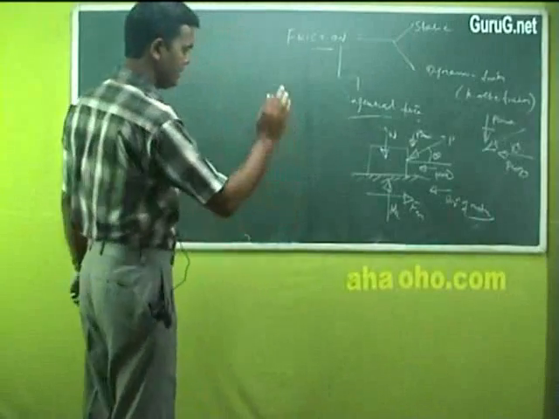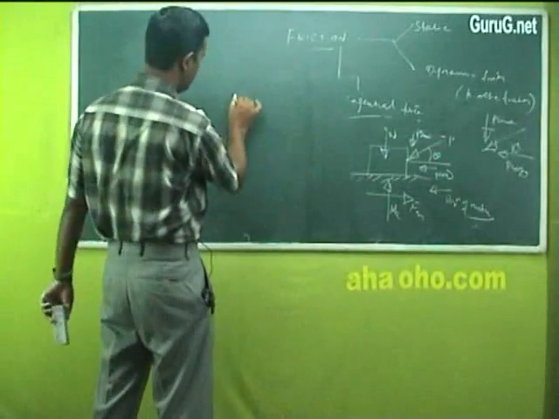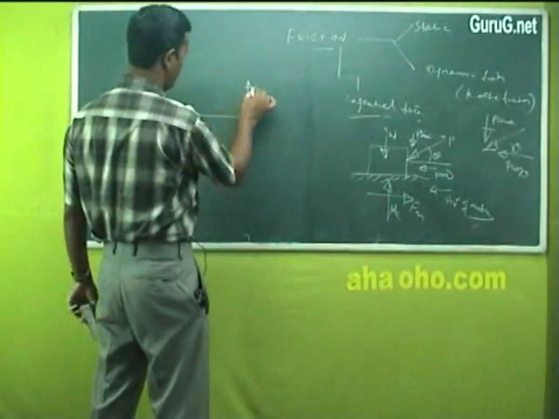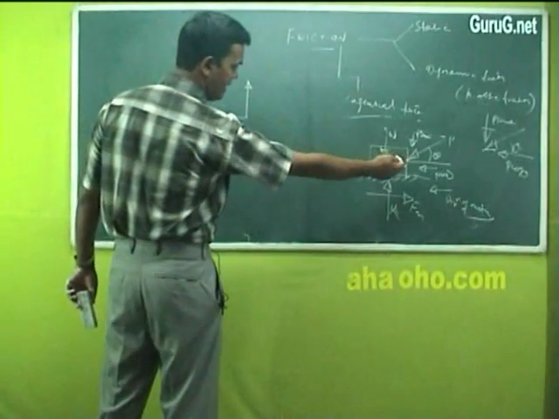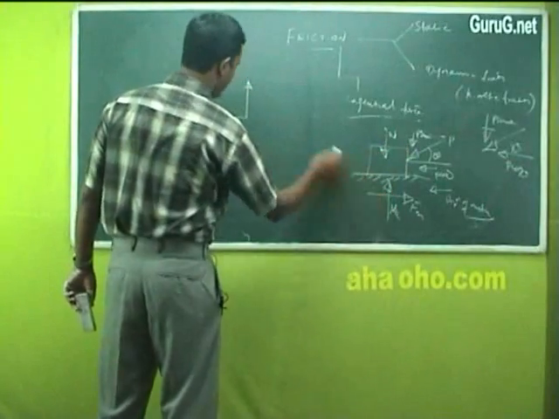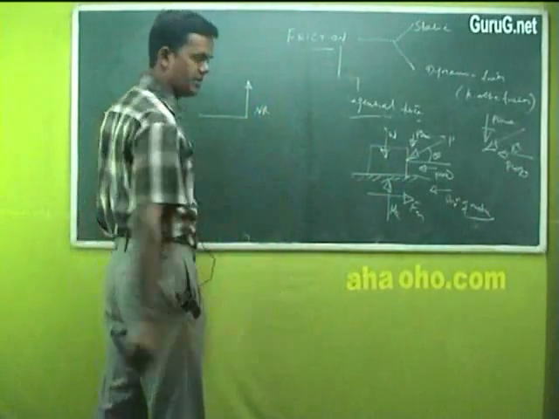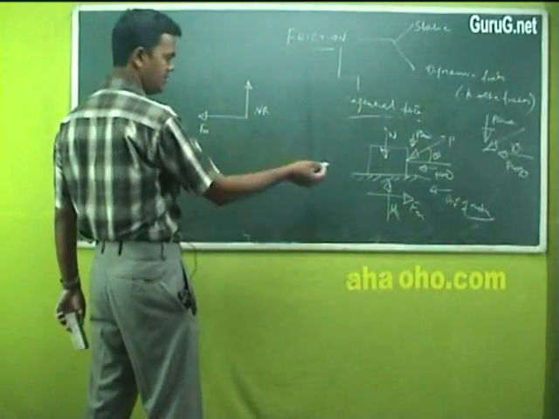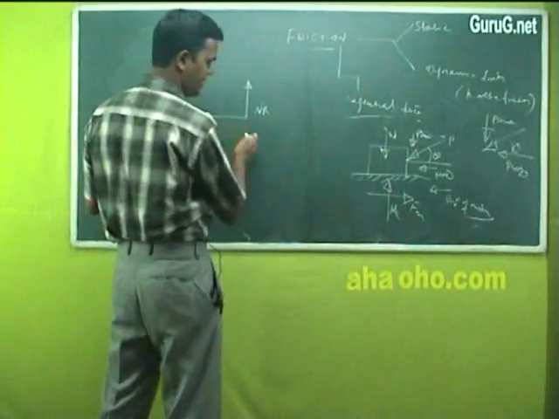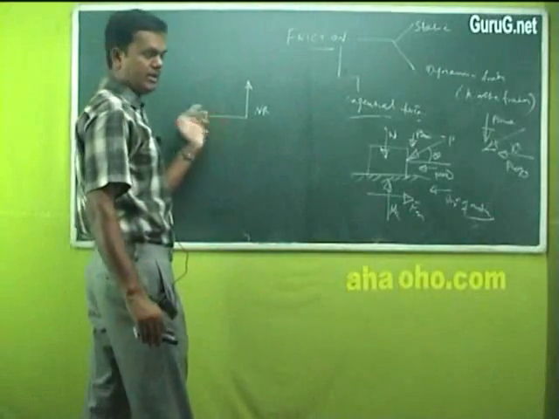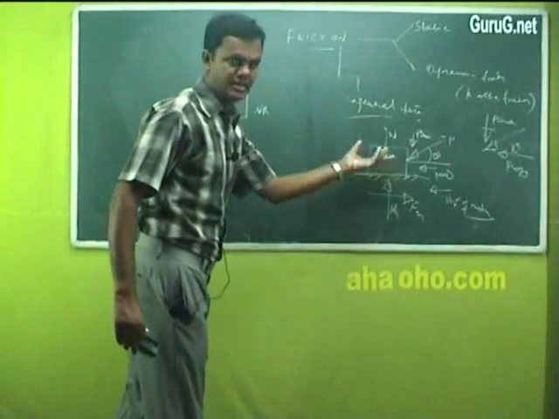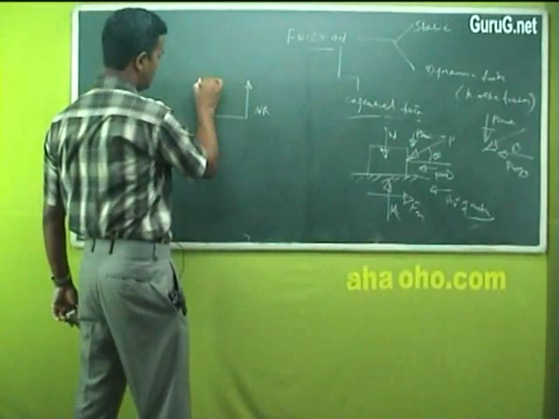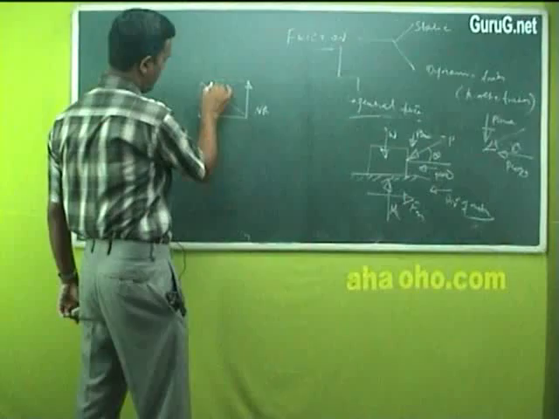What I mean to say, the same body, if I take, this is my inclined value, or you can take, this is my NR. NR is normal reaction, okay, and this will be my FM. What is this? Frictional force. So I am just writing this arrow mark in the left hand side, or it can be right hand side depending on the direction of motion, and this resultant value will be like this.